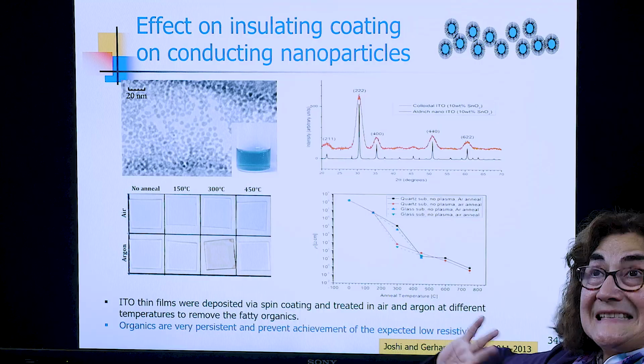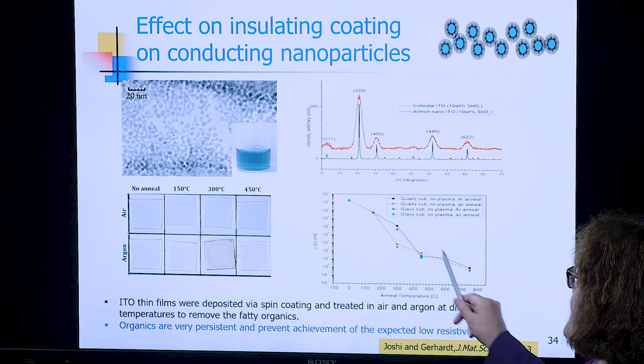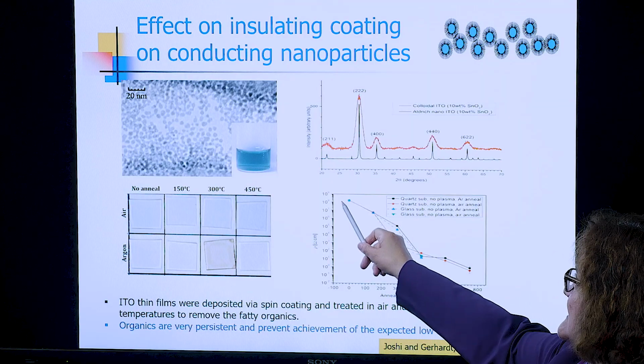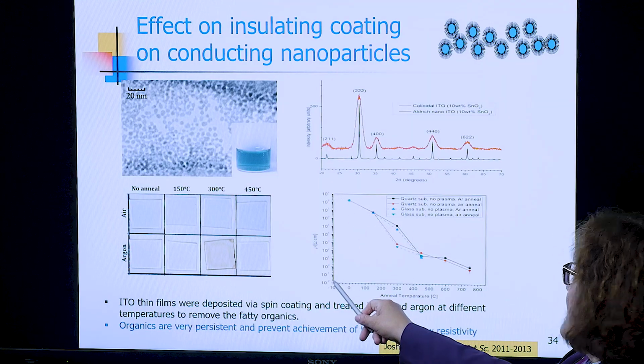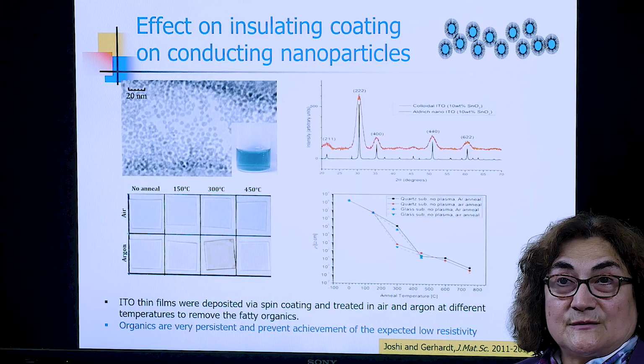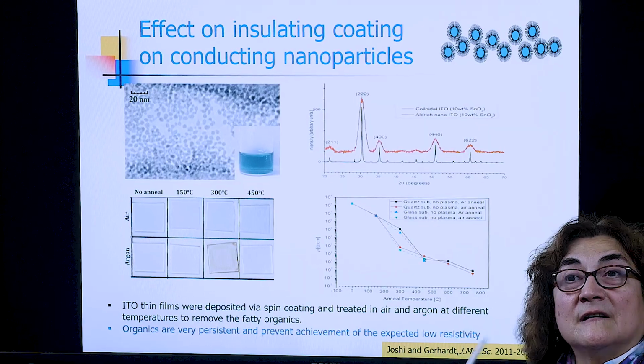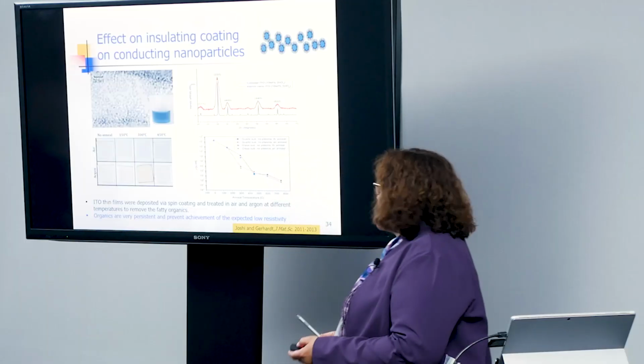But again, this is the same material, just heat treated at different temperatures. And you can again see a change of about 10 orders of magnitude with the same material as we modify the properties of that insulating coating.